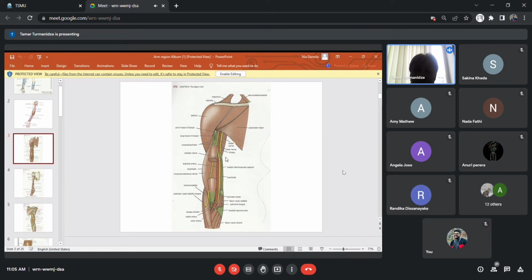In the middle third part of the arm region, it lies between biceps and brachialis muscle. Biceps and brachialis muscle, and now the biceps is cut to show this nerve. And in the lower third part of the arm region, the musculocutaneous nerve is located between the brachialis and the tendon of the biceps muscle.